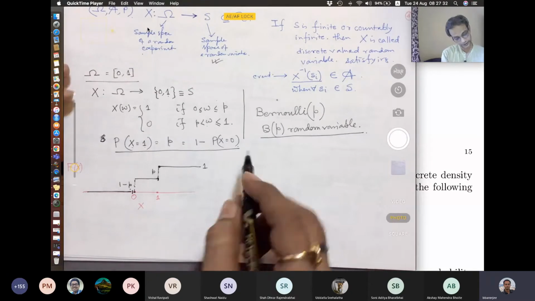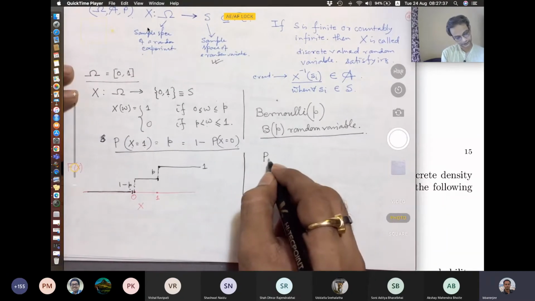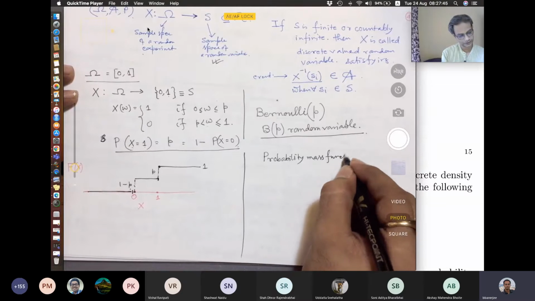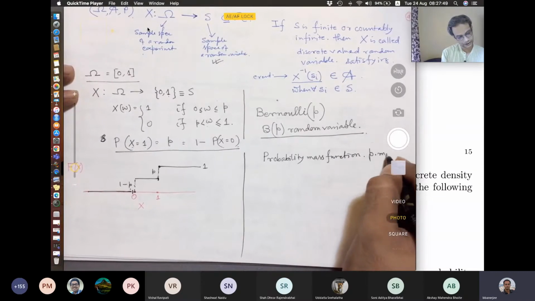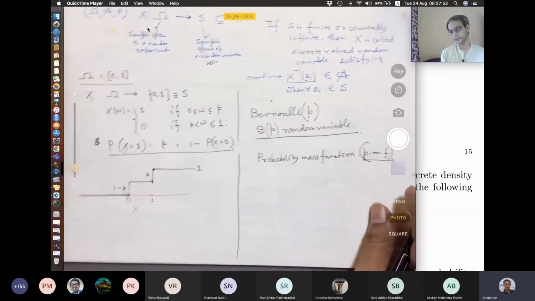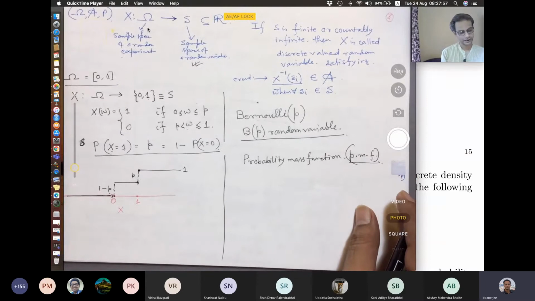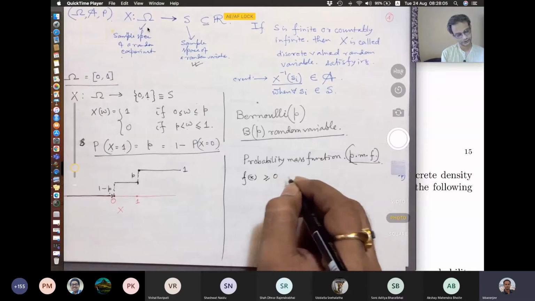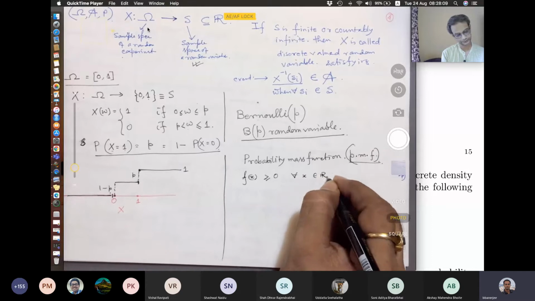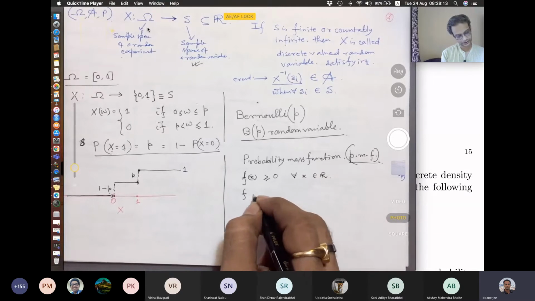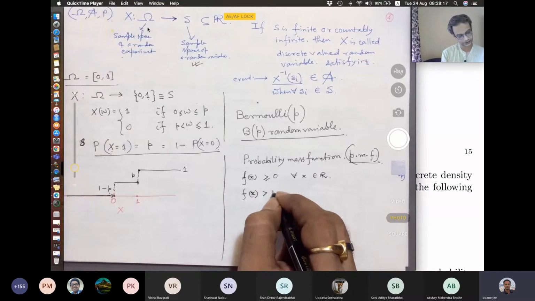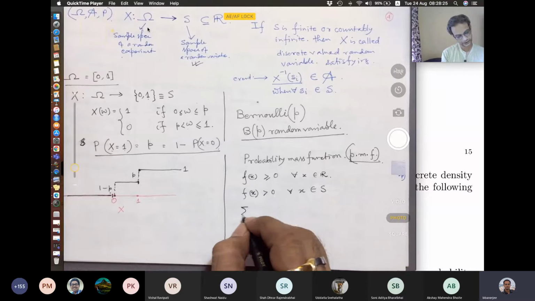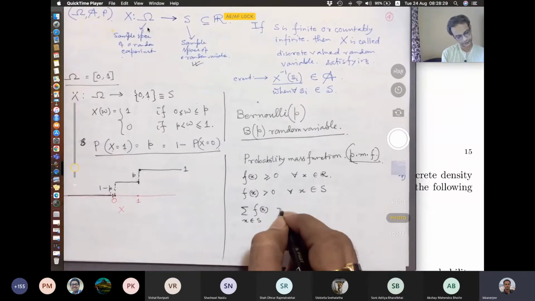Okay. So what we have just told is that the probability mass function, or PMF, is typically used for discrete valued random variables, and it is a function f(x) which is greater than or equal to 0 for all x belongs to R, and f(x) is strictly greater than 0 for all x belongs to S, and the sum of f(x) over x belongs to S equals 1.